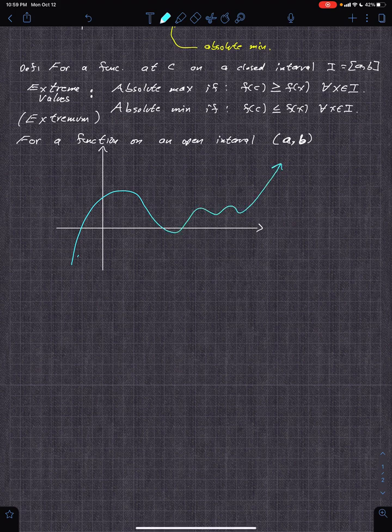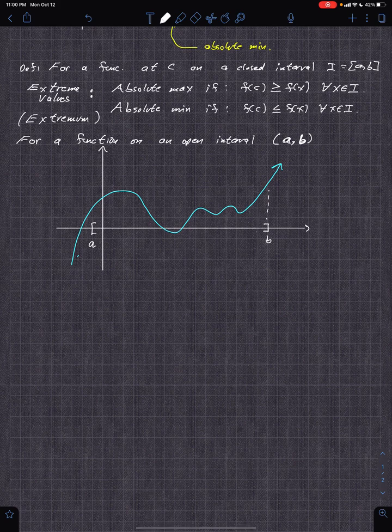Just suppose. So on the closed portion, let's say from A to B, let's just extend that out farther. Make it easier on me. And then let's say my B is way out here.